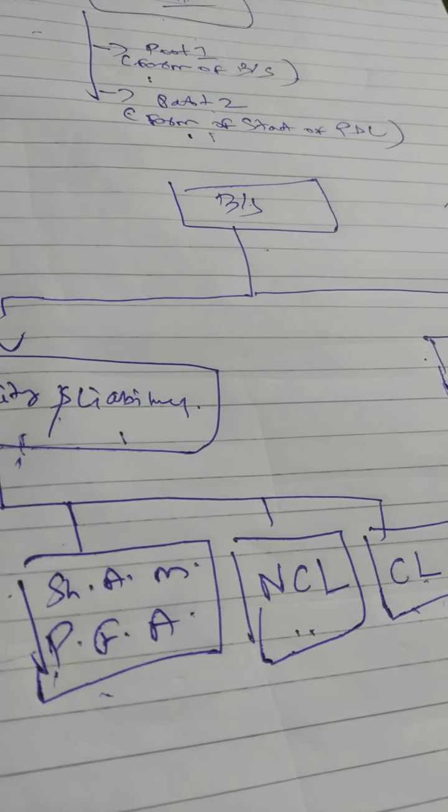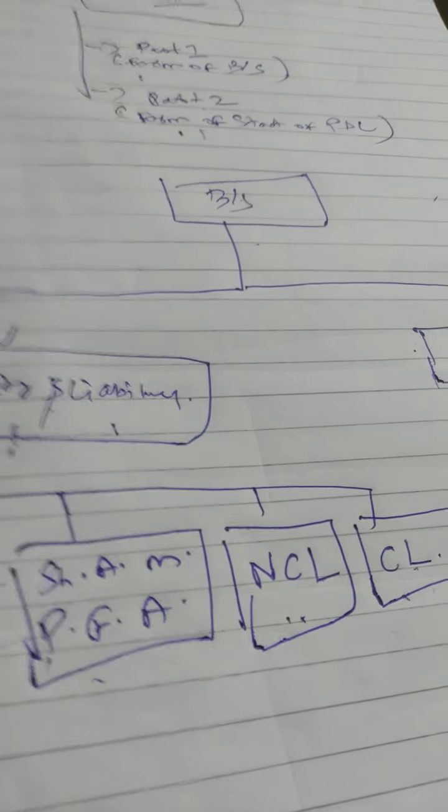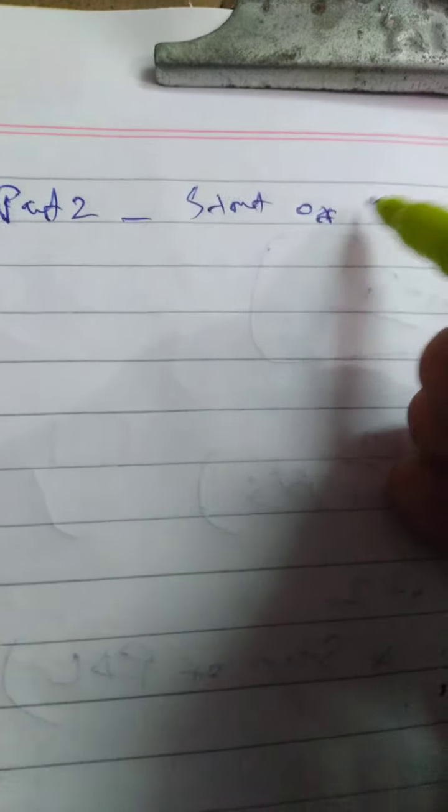So the next thing is statement of P&L account, that is Part 2. Part 2 is statement of profit and loss.